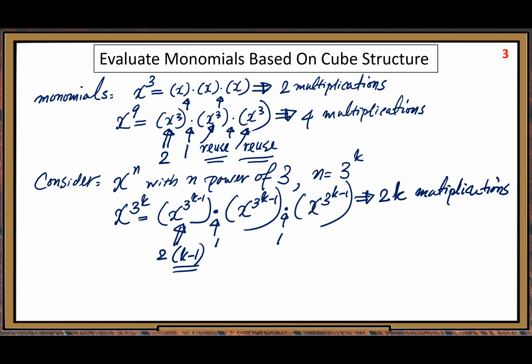So based on these two cases, the power of 2 case and the power of 3 case: for the square structure, we use the repeated squaring technique. For the cube structure, we should use the repeated cubing technique.